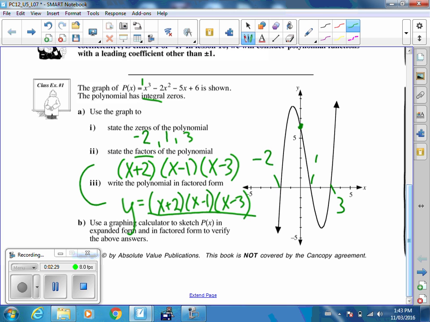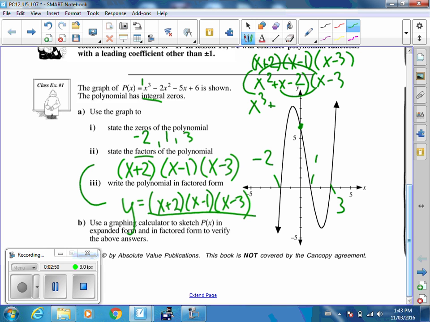Now you might not take my word for it. Let's multiply this stuff back together. X plus 2, x minus 1, x minus 3. Well, this is going to be x squared plus x minus 2, all times x minus 3. This is going to give me x cubed plus x squared minus 3x squared.